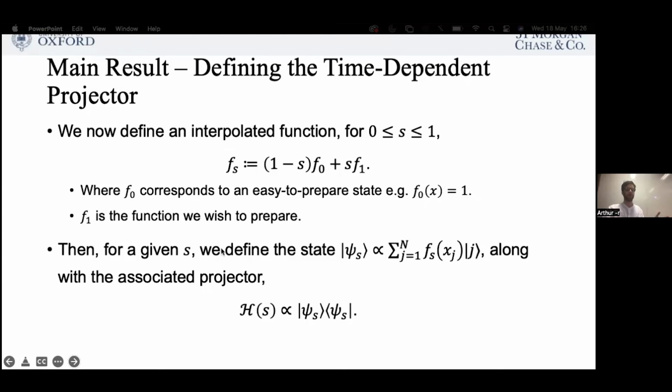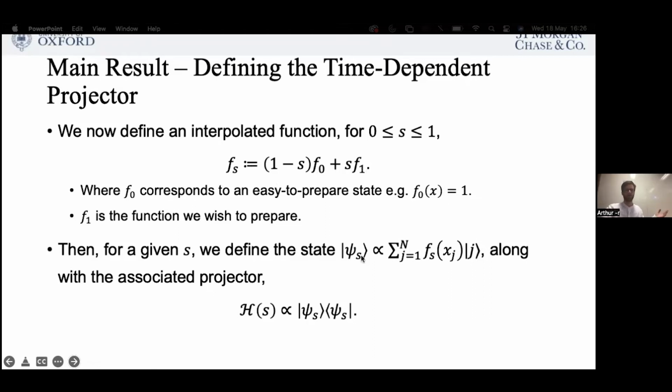Then for any given s, we define a state which is proportional to the pointwise encoding, because this is still a continuous function, right? Because f1 is continuous, f0 is continuous. So the linear combination, convex sum, whatever, is still continuous.